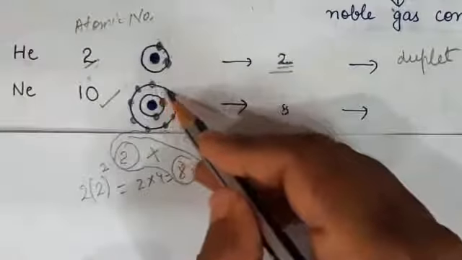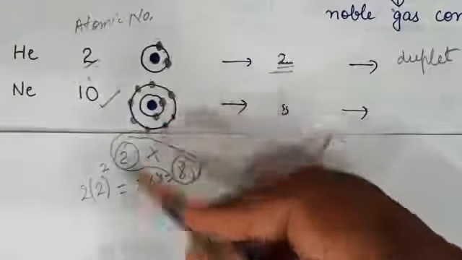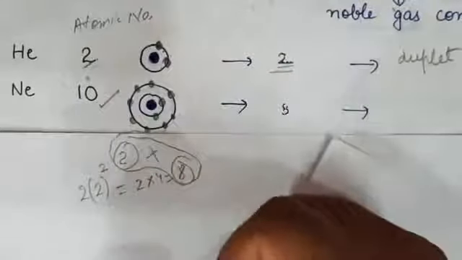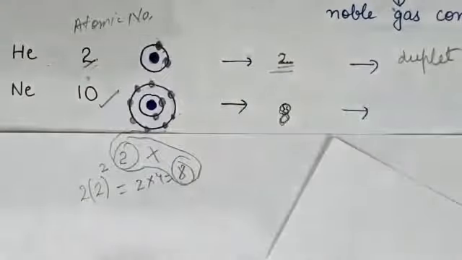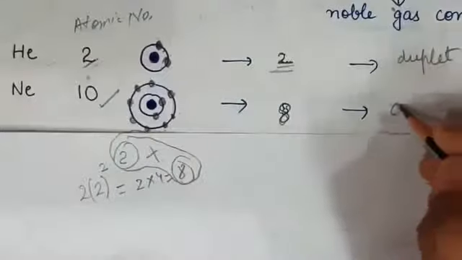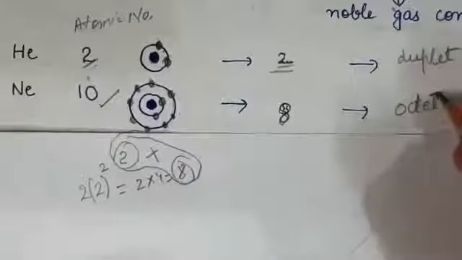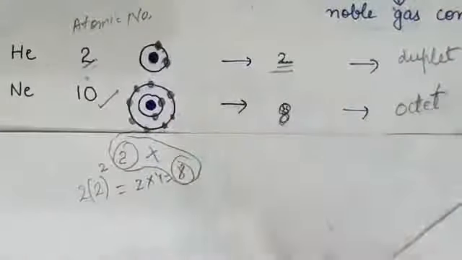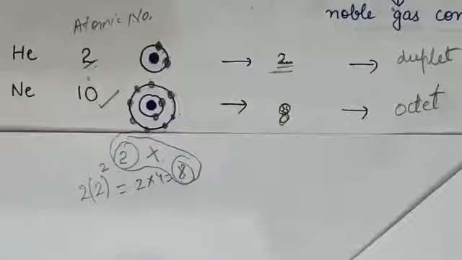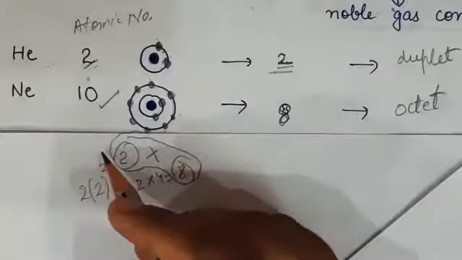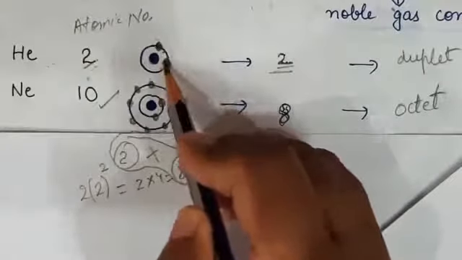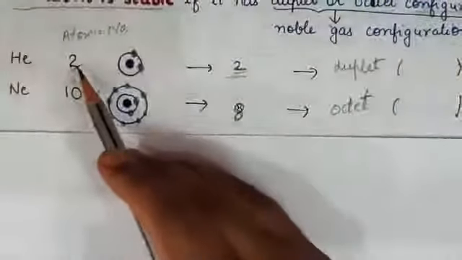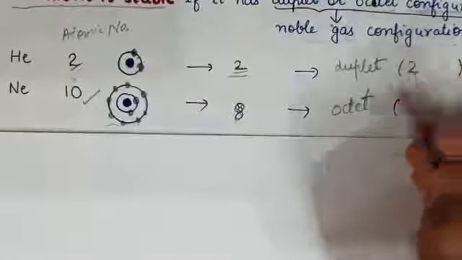And in the outermost shell, how many electrons are there? 8. In the outermost shell, 8 electrons are there. So this is octet configuration. 8 electrons in the outermost shell, so this atom is stable. And how to write the electronic configuration, बच्चे? Only 2 electrons are filled in the first shell, so for helium the electronic configuration is written as 2.